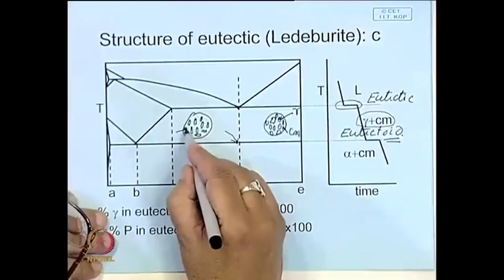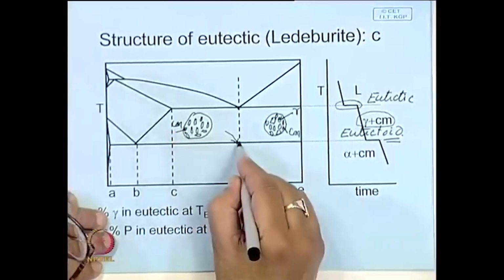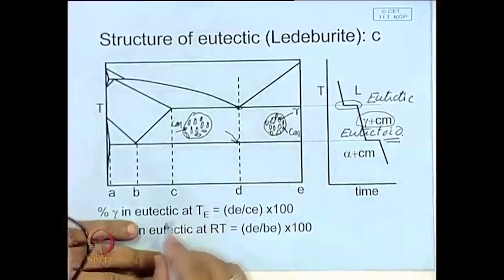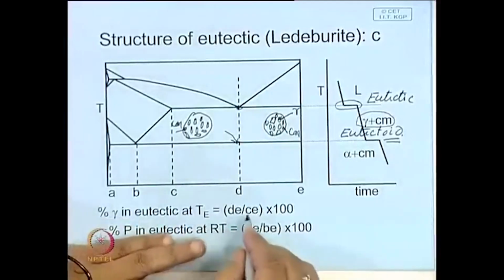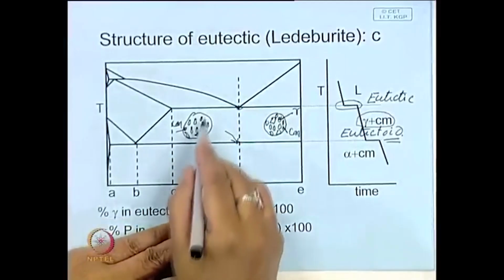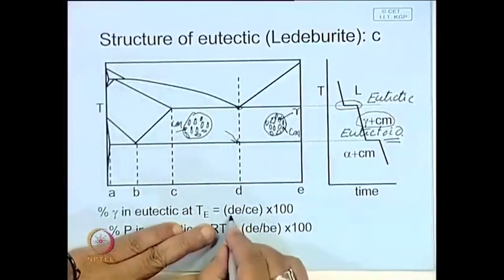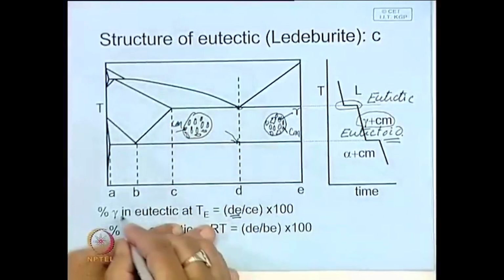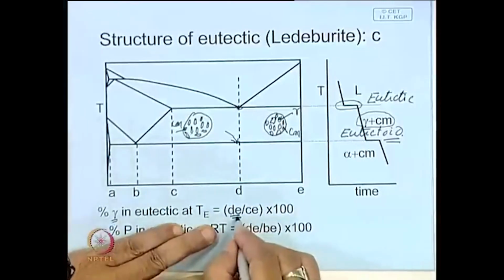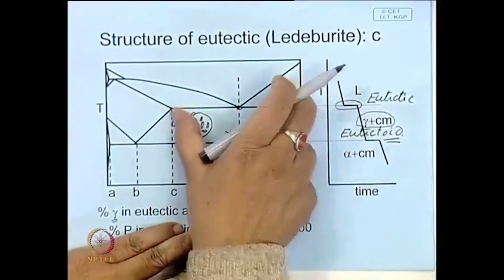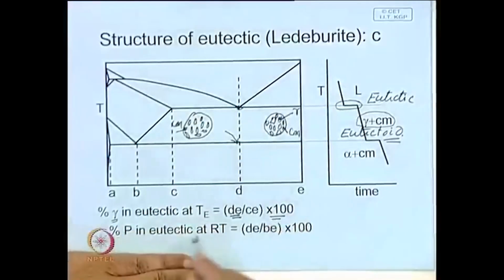So, this area is cementite. Whatever amount of austenite you had at eutectic is shown over here. At this eutectic temperature you can calculate the amount of eutectic. This is the amount of austenite in eutectic, d E over C E.